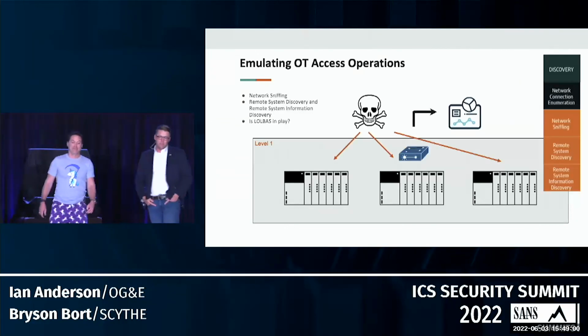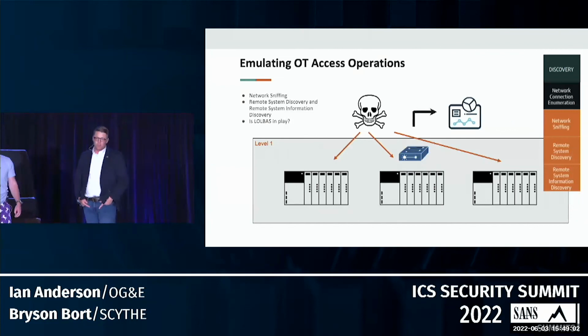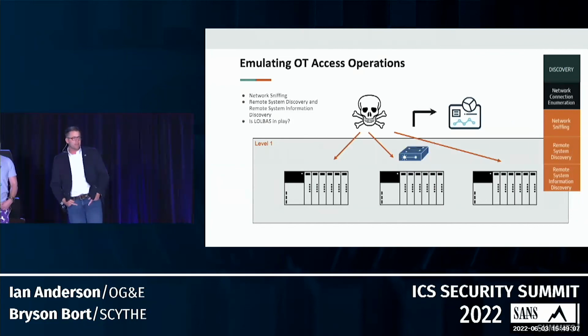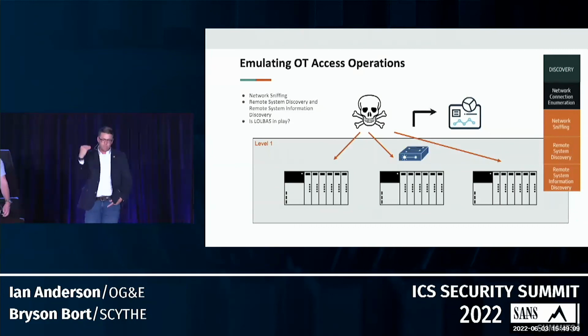Yeah, then the other way to potentially do this, and I put level 1 in here. This is still most likely a lab environment, because again, good luck going from level 2 into level 1, shooting actual impact operations or impact emulations.